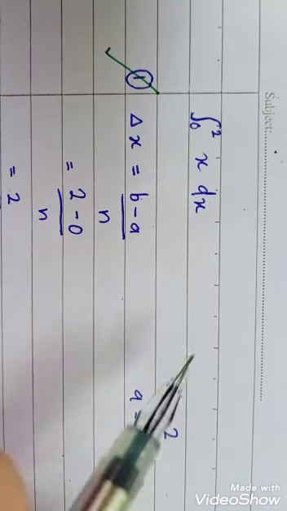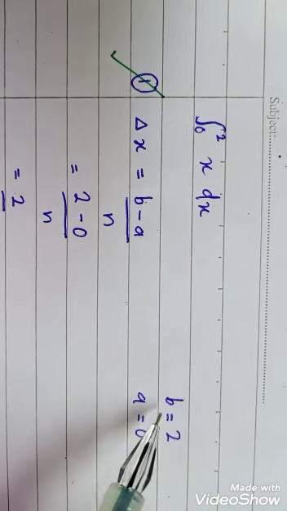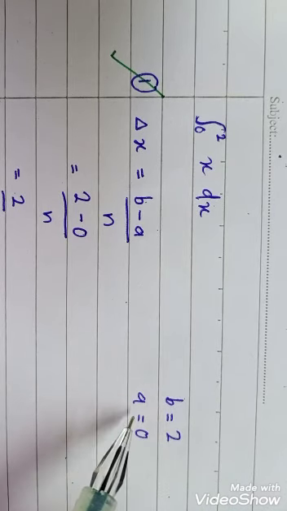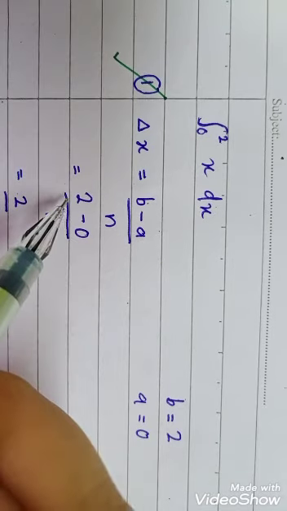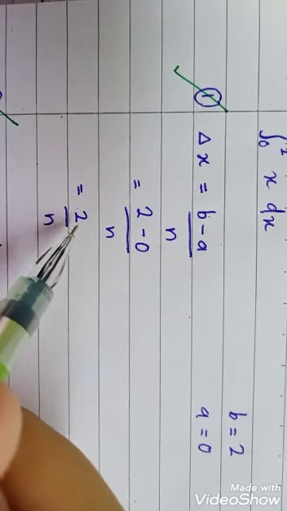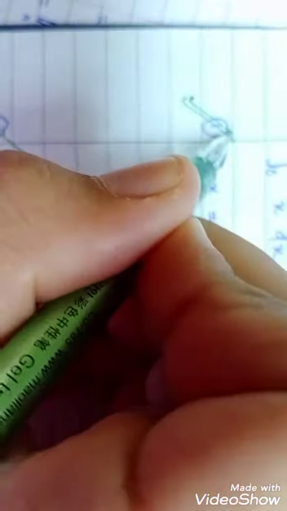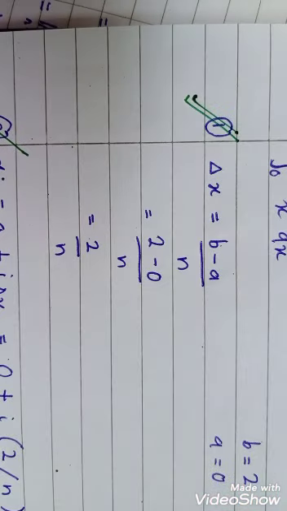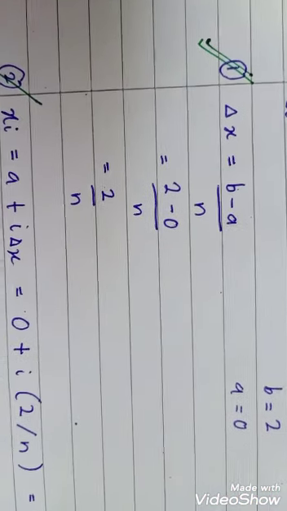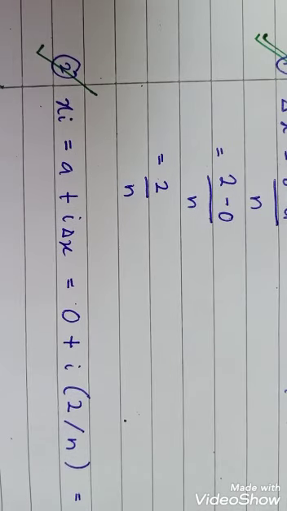From this function, we know that b equals 2 and a equals 0. So 2 minus 0 over n equals 2 over n. So the first step is done.